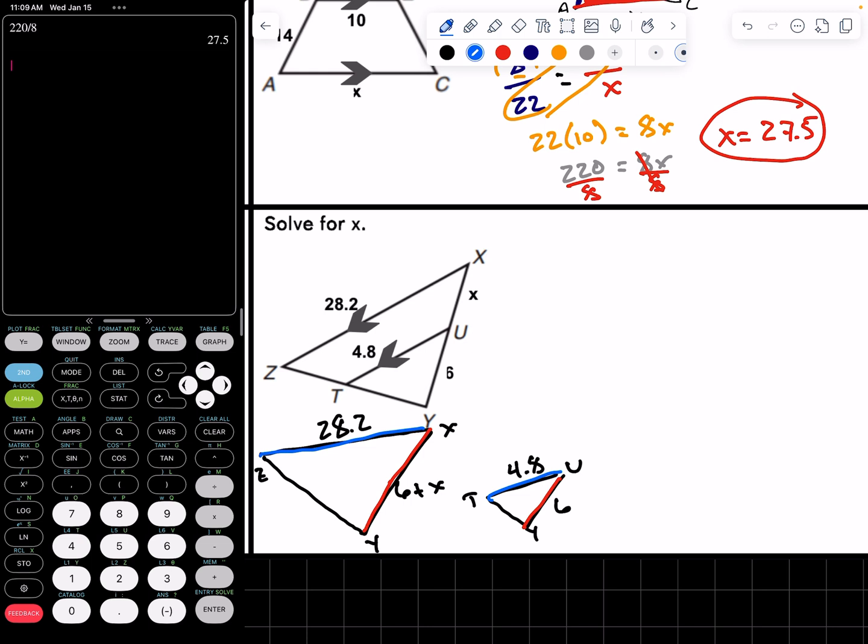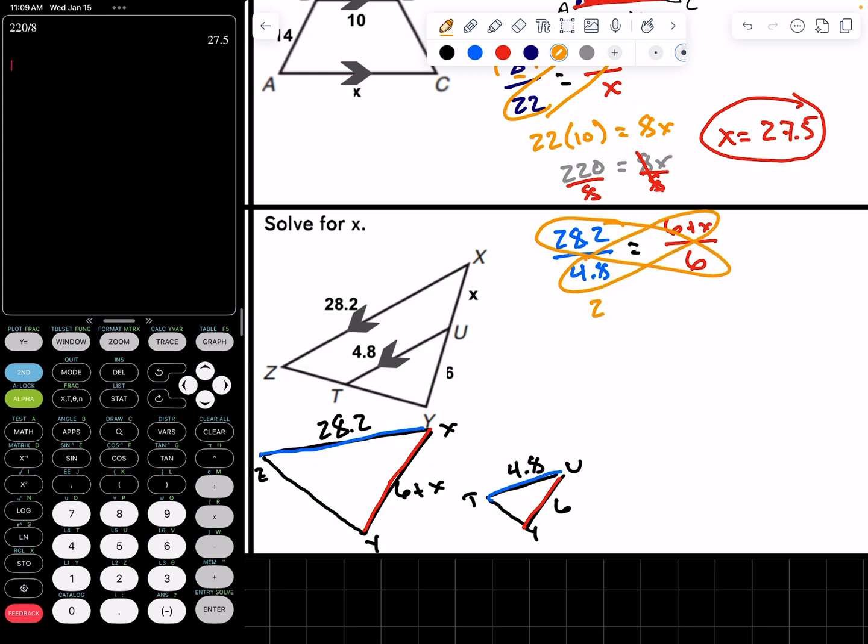So we'll go blue over blue, 28.2 over 4.8 equals 6 plus x over 6. I'm going to cross multiply, and I will cross multiply over here.